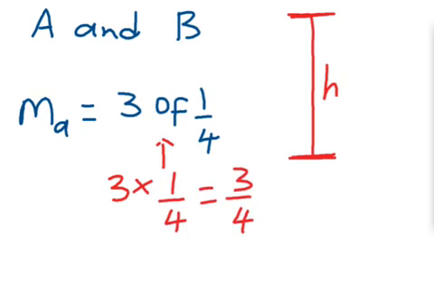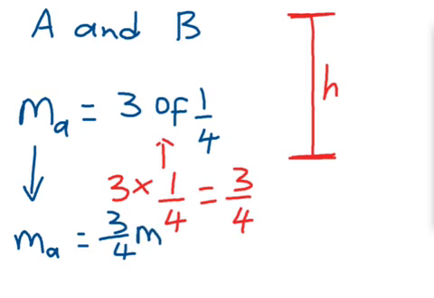So it says MA is 3/4 of that of B. So the mass of A is 3/4 of the mass of what?